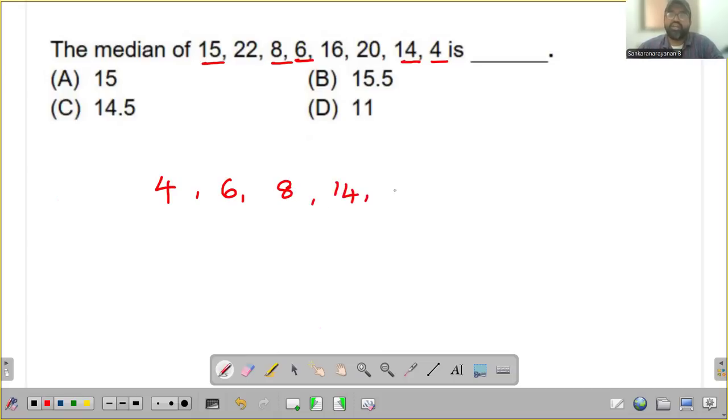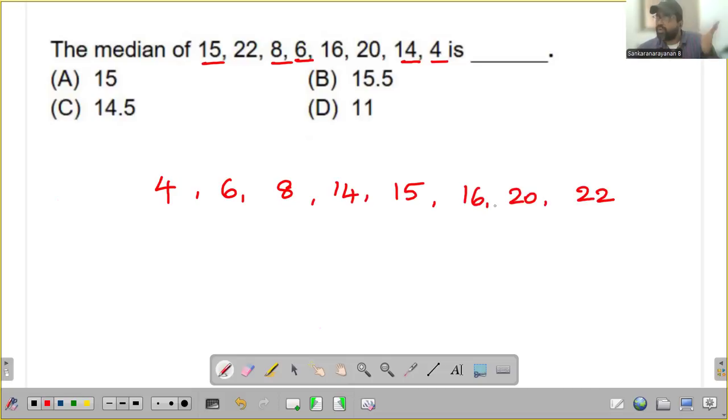So write 14, write 15. As I told you, we can actually stop writing the numbers here, because the remaining ones are 16, 20, and 22. If you want, you can write 16, 20, 22.